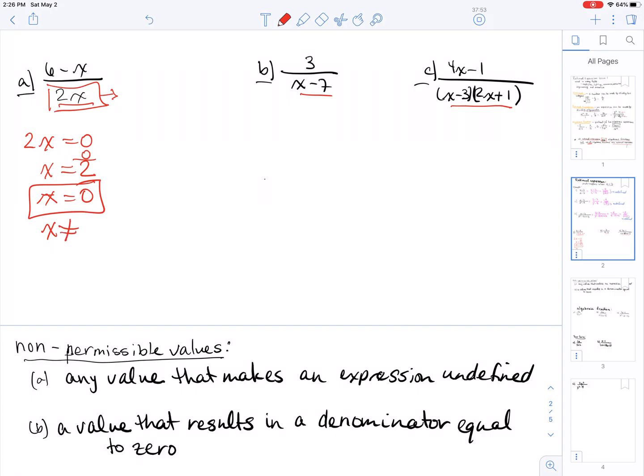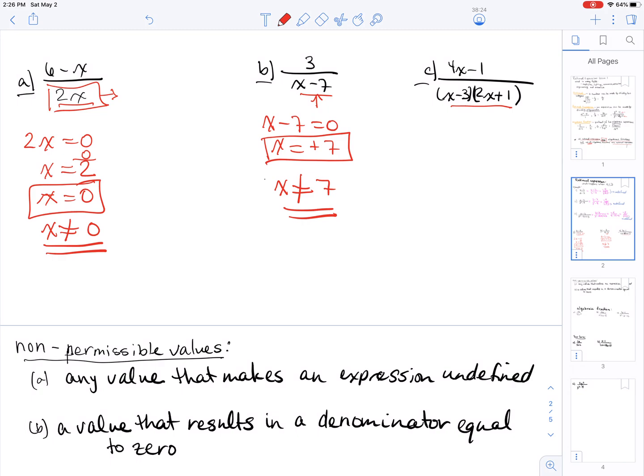So that means in A, x cannot equal 0 ever. Let's look at B. We have x minus 7. Let's set it to 0. Isolate out my x. x equals positive 7. If x equals 7, again, my denominator will be undefined. So in B, x cannot equal 7.